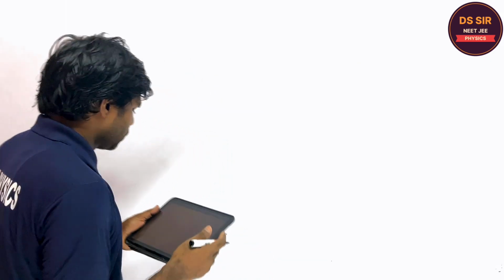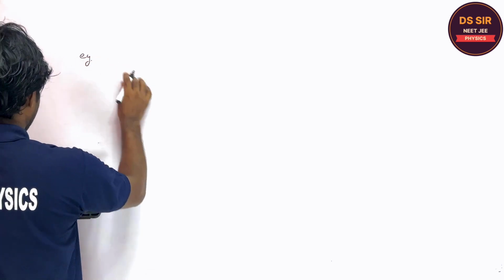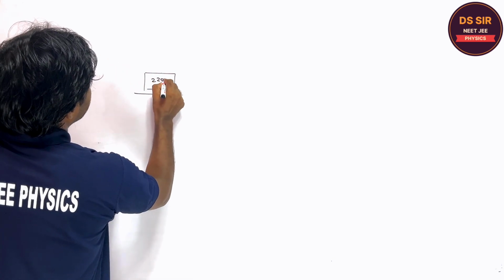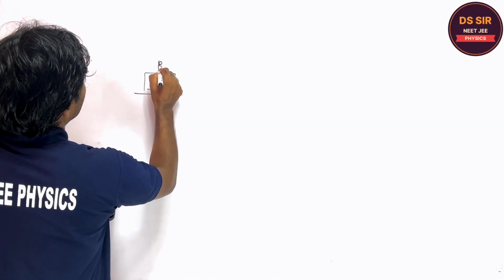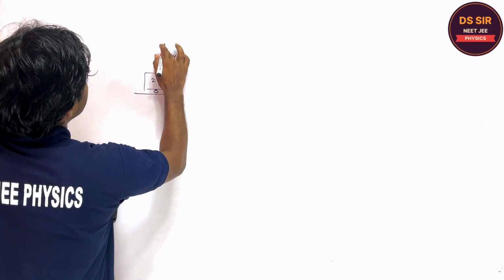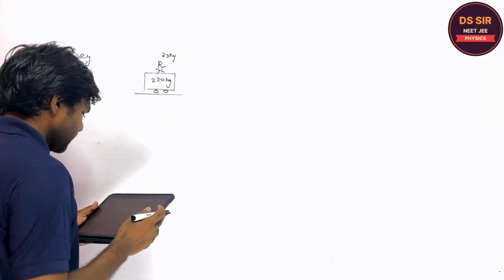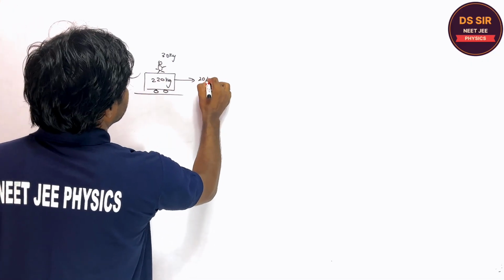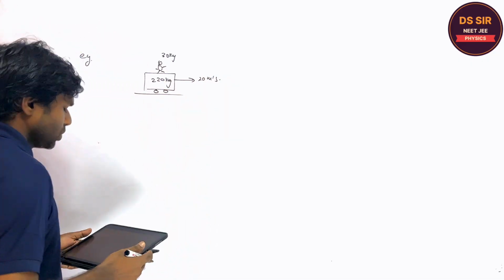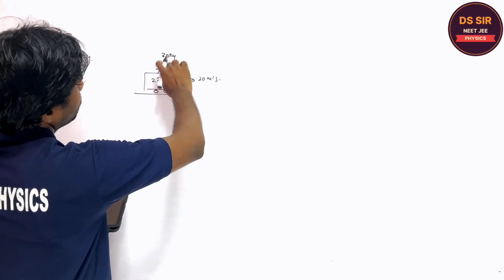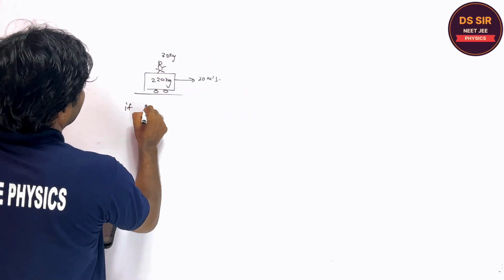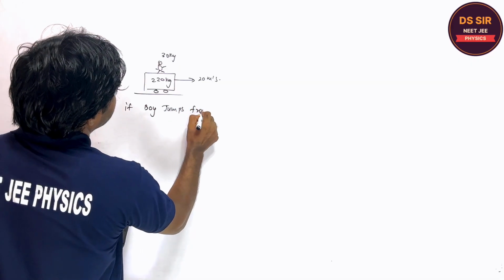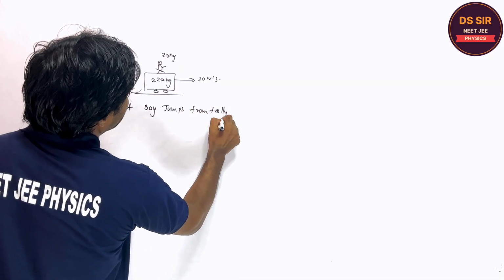So we do the next question. In this example, suppose we have a trolley of mass 220 kg, and a person of mass 30 kg is on this car, and it is moving with the speed 20 meter per second, right? So this is the question. Now if the boy jumps from the trolley, there are two cases.